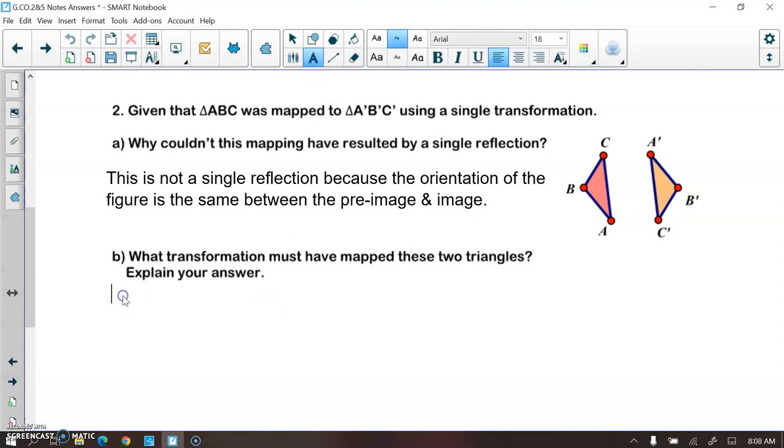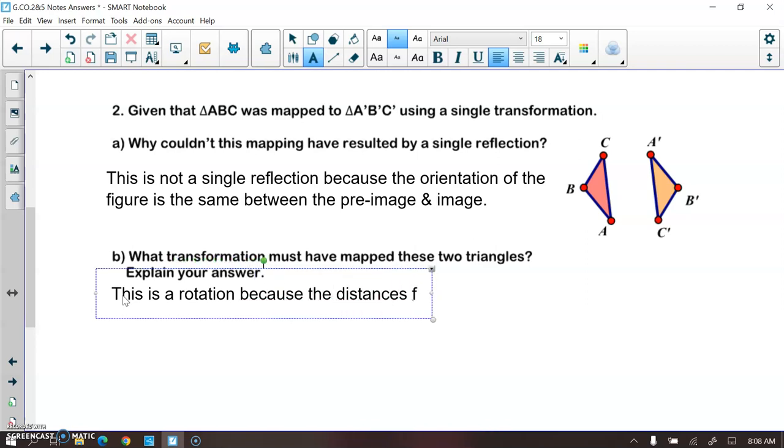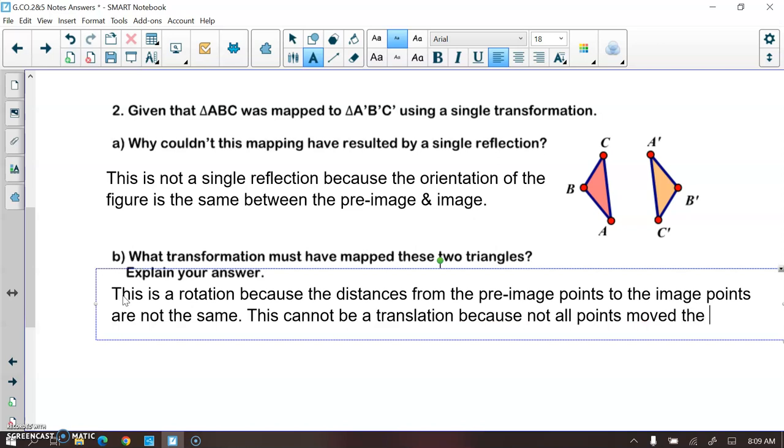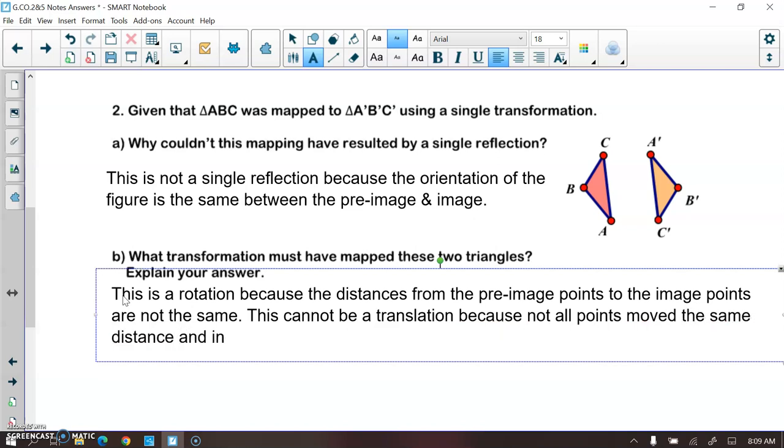Instead, this is a rotation. Because the distances from the pre-image points to the image points are not the same. This cannot be a translation because not all points moved the same distance and in the same direction.